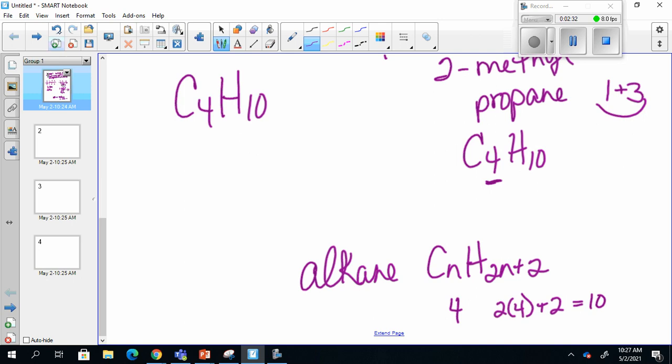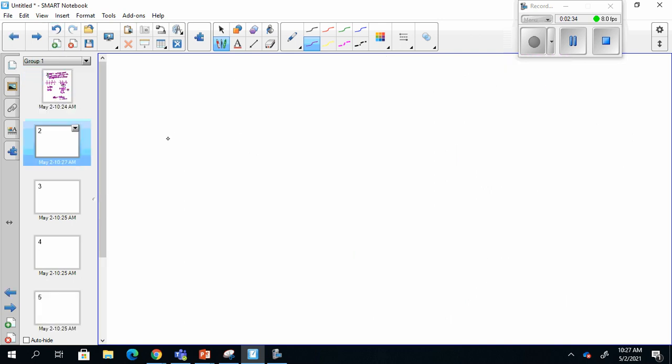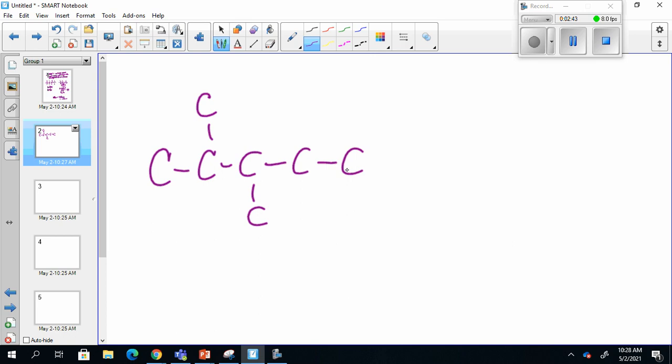All right, let's do another one. Let's say I have 1, 2, 3, 4, 5 carbons in my main chain. For right now, I'm just going to leave my hydrogens off, but you see that they're all single bonds, and I number it 1, 2, 3, 4, 5, and I chose to number it from this side so that I was closest to these branches.